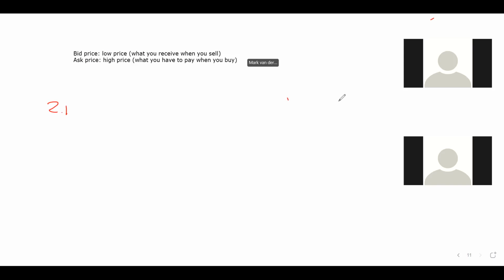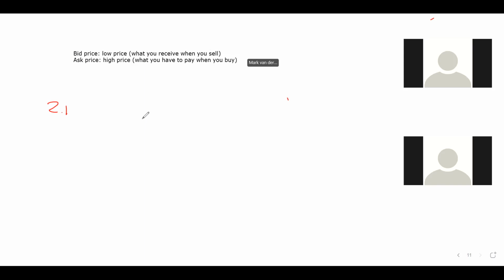So I want to buy a share. Do I have to pay the bid price or the ask price if I want to buy something? The ask price. Yes, the high price, right? And then on November the 19th, which of the numbers do you have to choose?